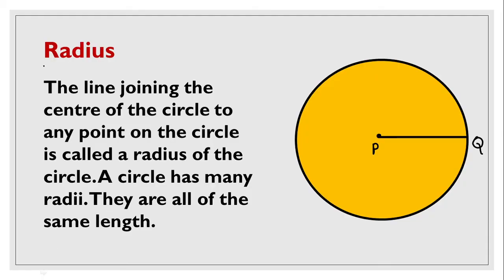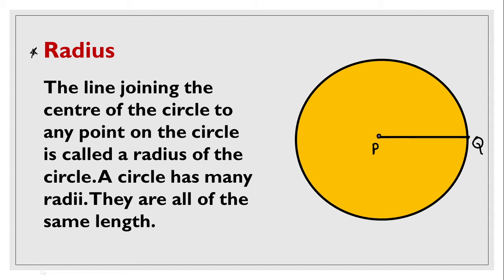Firstly, we will be seeing what a radius is. The line joining the center of the circle to any point on the circle is called a radius of a circle. Here you are able to see a line PQ. Point P is the center of the circle.